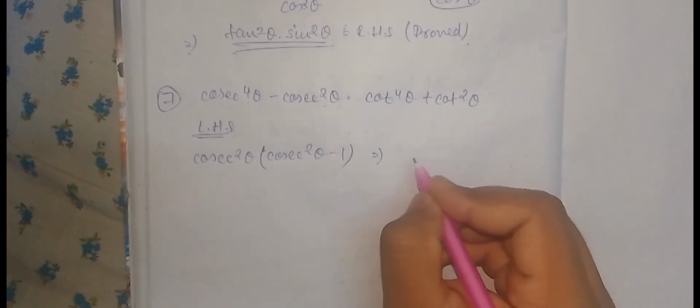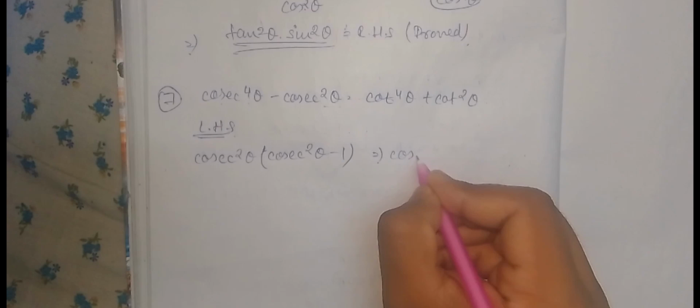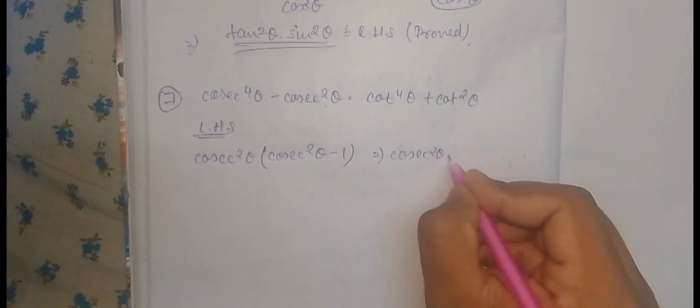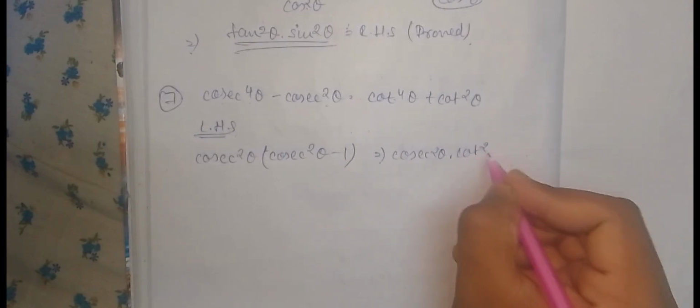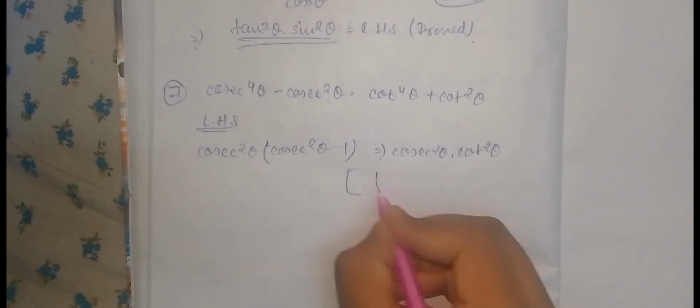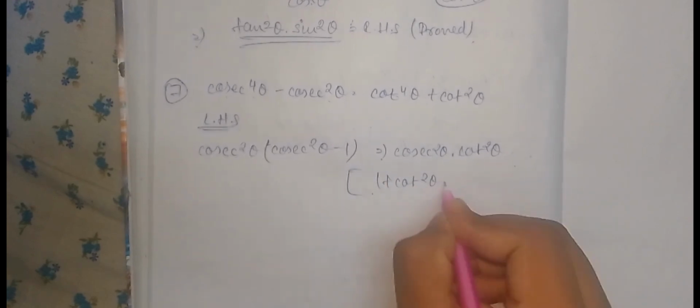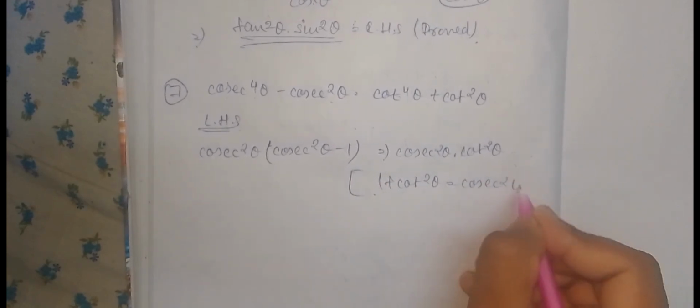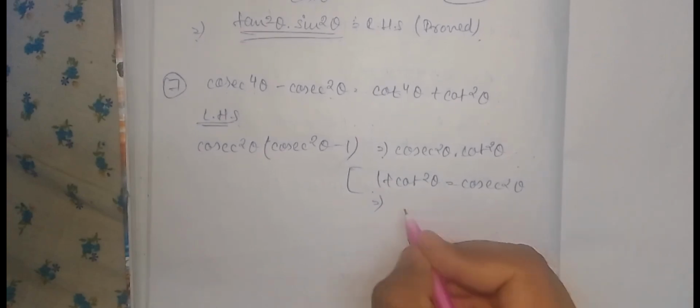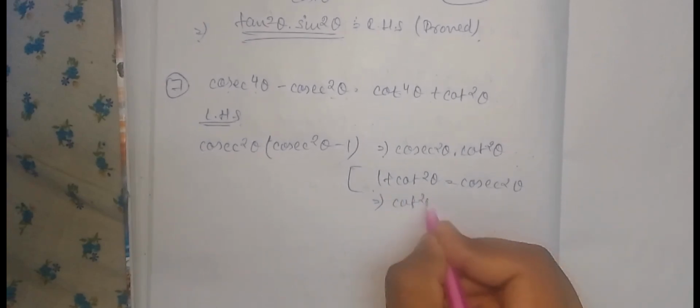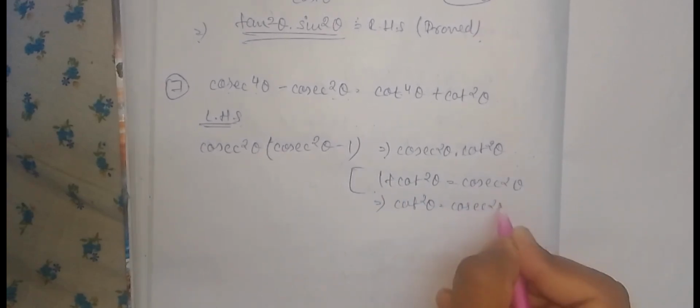In the next step, as we all know, 1 plus cot square theta equals cosec square theta. So we can also write cot square theta equals cosec square theta minus 1.